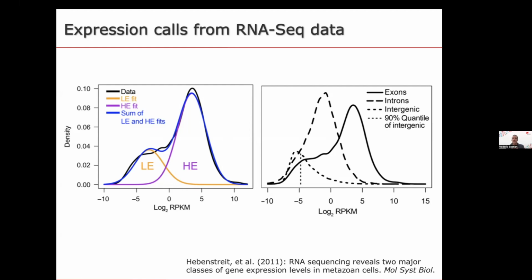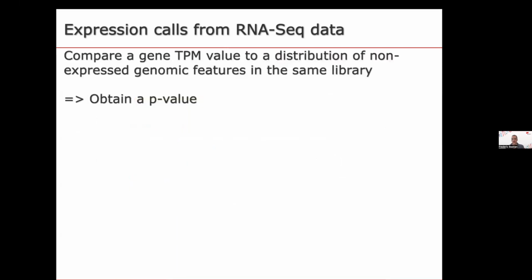So we started from there thinking, okay, the expression level of intergenic regions is a good estimate of this background noise. So that will be our baseline. A lot of you answer, you need to compare to a baseline. We're going to use the intergenic regions to define this baseline of expression.